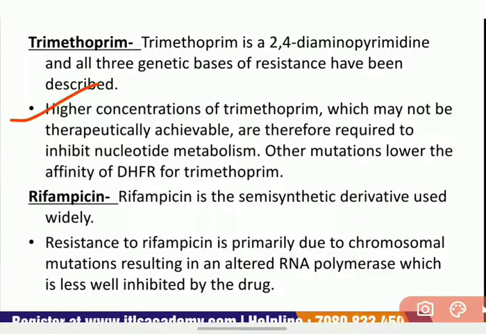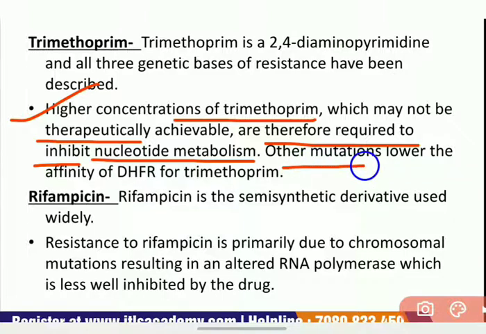Higher concentrations of trimethoprim, which may not be therapeutically achievable, are therefore required to inhibit nucleotide metabolism.